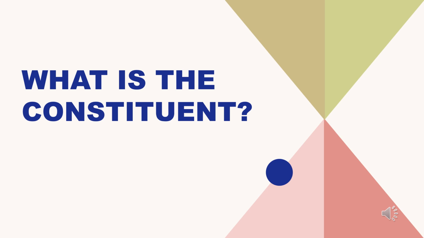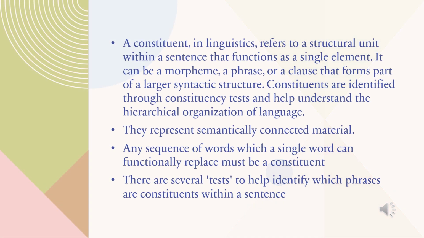And now we will get to know more about what a constituent is. A constituent in linguistics refers to a unit within a sentence that functions as a single element. It can be a morpheme, a phrase, or maybe a clause that forms part of a larger syntactic structure.